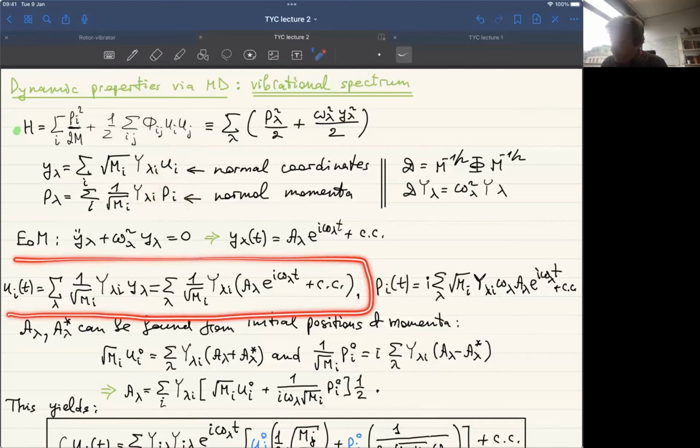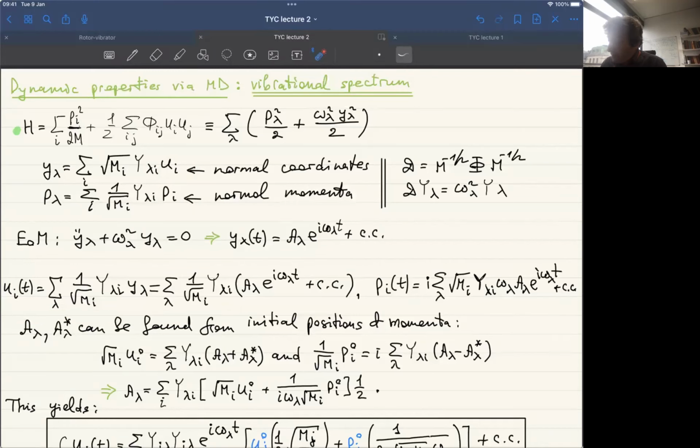So this is for the displacements, as they depend on the y lambda normal mode displacements, and are therefore explicitly given as a function of time. And the same expression can be written for the momenta. Then, at time t equals 0, we know the positions and momenta. We can solve these equations at time equals 0 with respect to this constant a lambda, which is a complex constant.